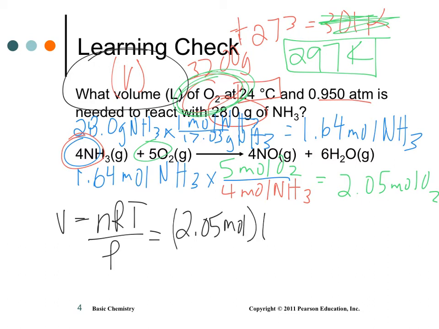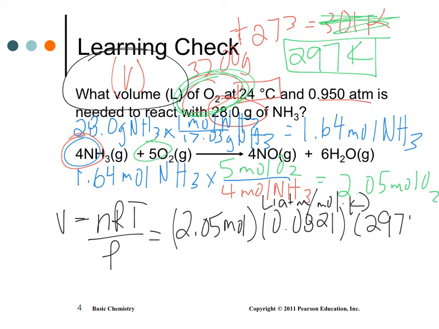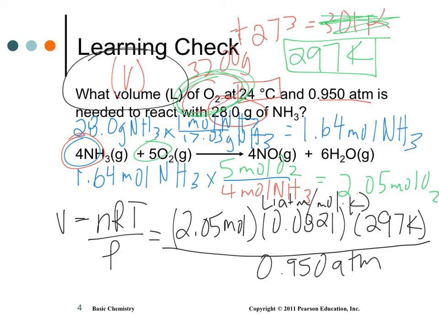I get to use that same R value. We're not using that 8.31. 8.21, and the units are liter atmospheres per mole Kelvin. I got my temperature to be 297, not 301. And I'm going to divide by my pressure, which is 0.950 atm.